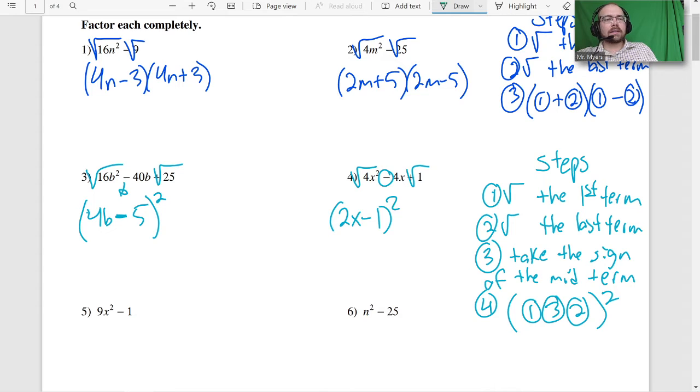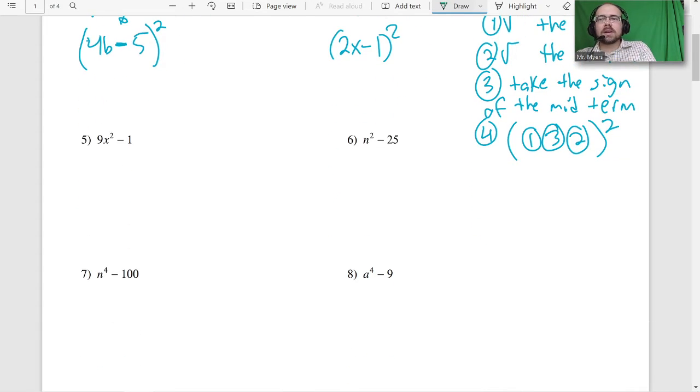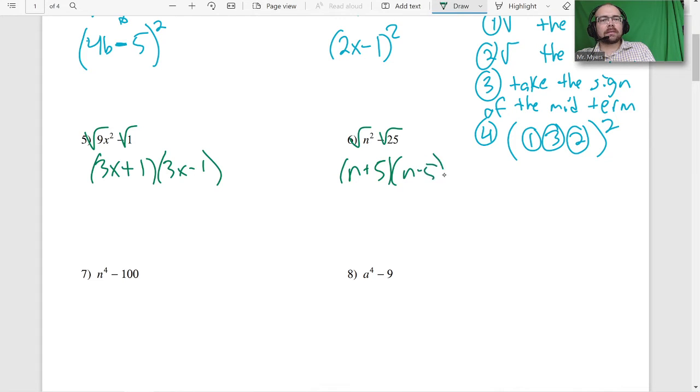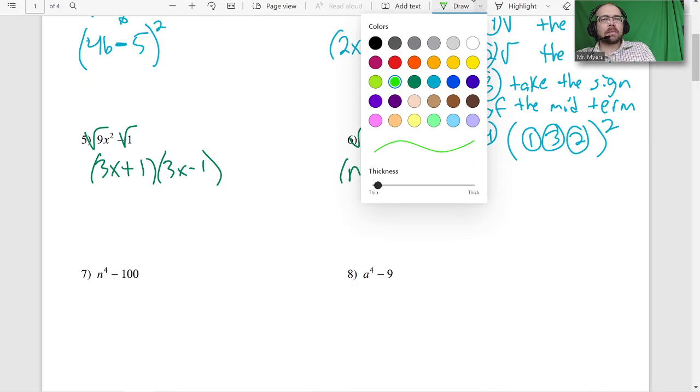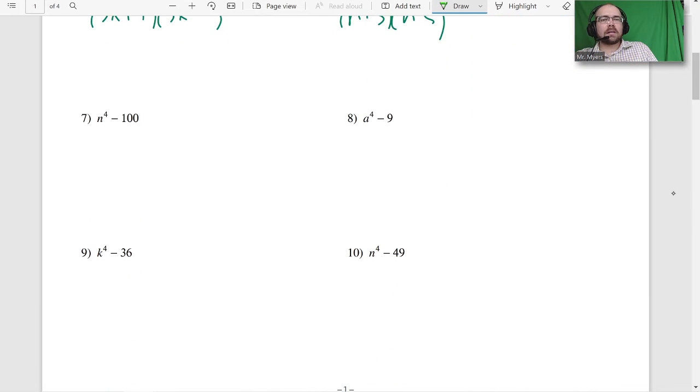All right, on to the next. Difference of squares again, so square root, 3x minus 1 and 3x plus 1. And there we go. Square root, n plus 5, and minus 5. All right, then we have the next set here.